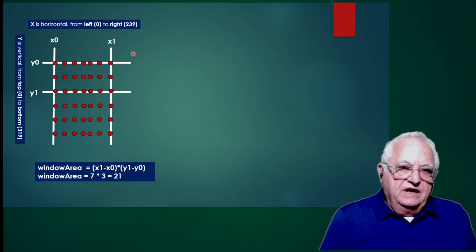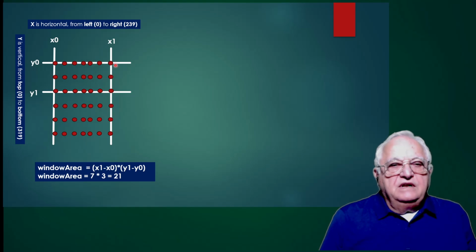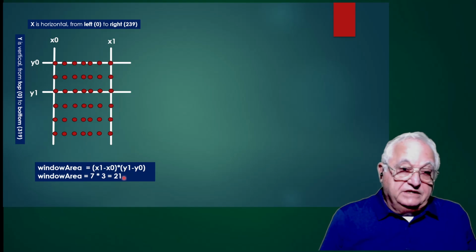That would be x1 minus x0 times y1 minus y0. When you multiply that, that would be 7 times 3, 21. So there are 1, 2, 3, 4, 5, 6, 7 times 3, 21 pixels.